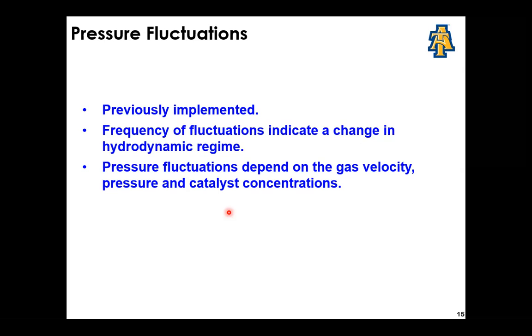When there's a change in the frequency, it indicates a change in the regime. These fluctuations depend on the gas velocity, the pressure, and the catalyst concentration. My work was to try and find the different pressure fluctuations for my 370 data sets.